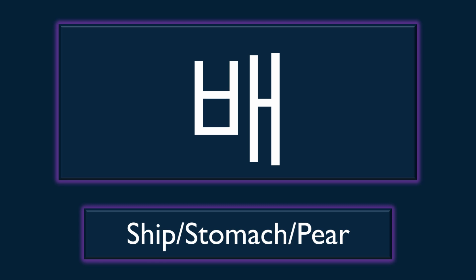It depends on how the word is being used. If the verb being used is eat, then it should be pear. If the verb being used is ride, then it should be ship. And if it aches, it should be stomach.